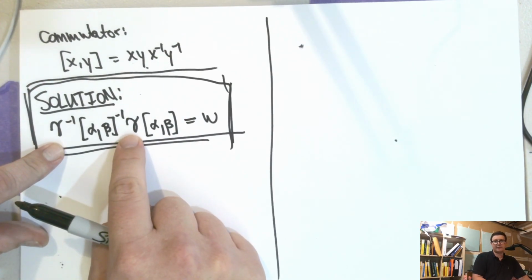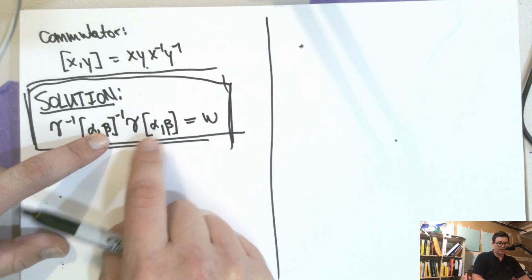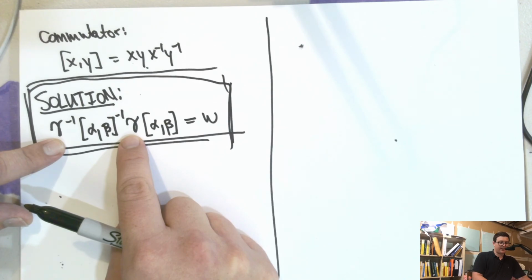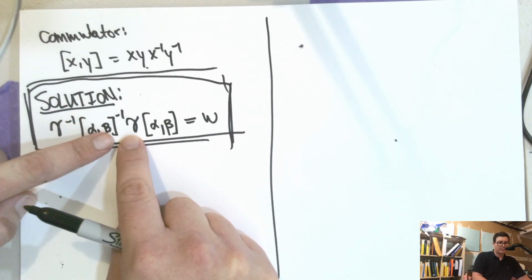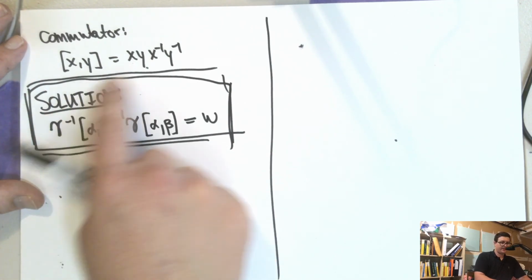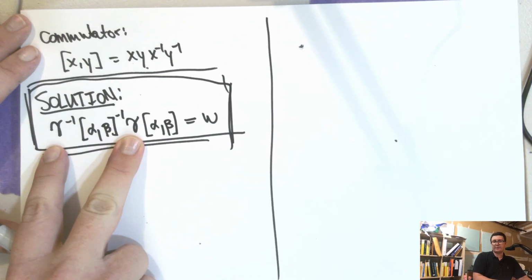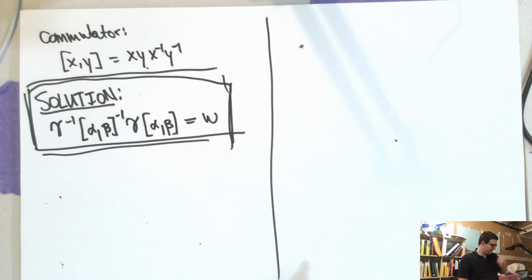And then these two gammas become next to each other, and they cancel. If alpha goes to 1 or beta goes to 1, the same thing happens. The commutators are going to vanish, and you're left with these two things on their own, and it'll go to 1. And then this is a non-trivial element.